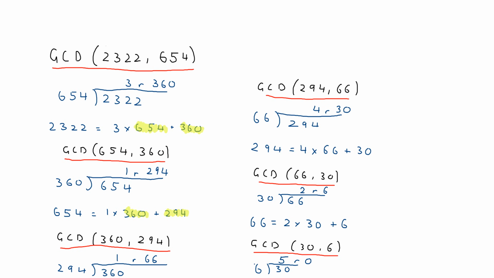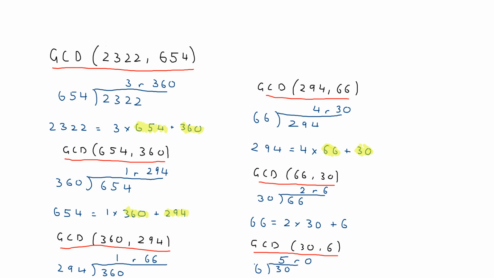Here's my divisor, here's my remainder. And I want the greatest common factor between 66 and 30. So, you probably know the drill now. I divide 30 into 66. So 66 divided by 30 is 2, remainder 6.